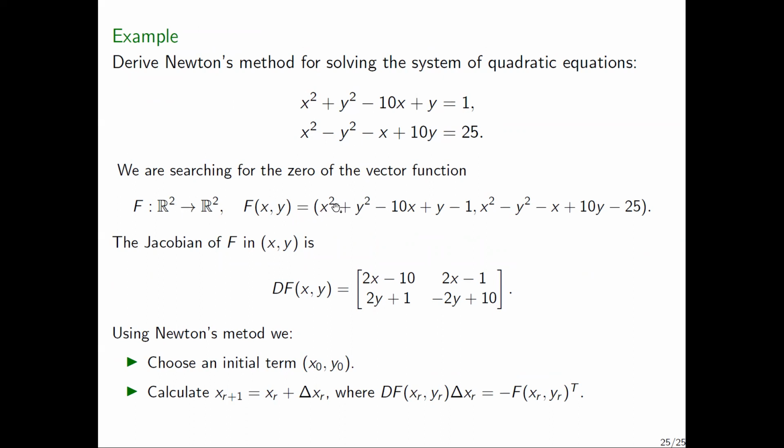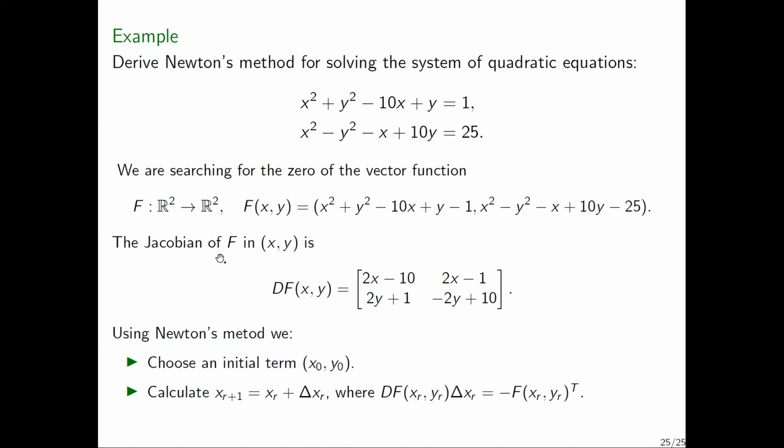We said that we want to transform the system so that on the right side we get only zeros. That's why we put -1 on the left and then -25 on the left again and get this vector function F. And then use Newton's method to find zeros of this capital F.